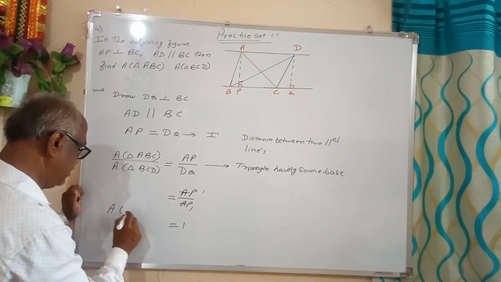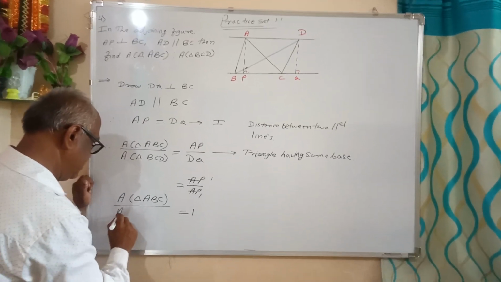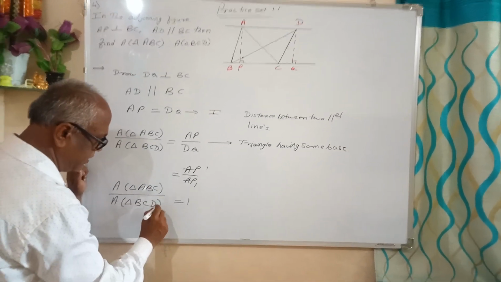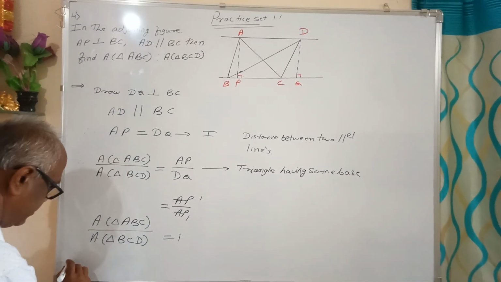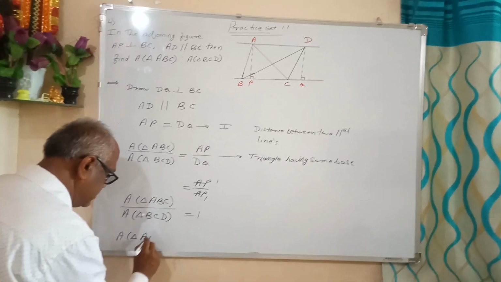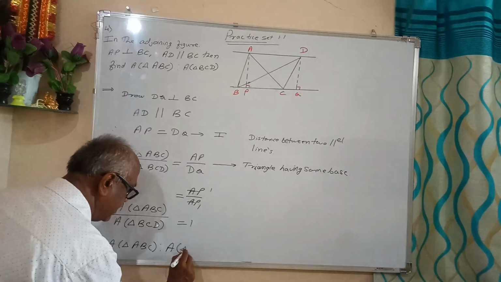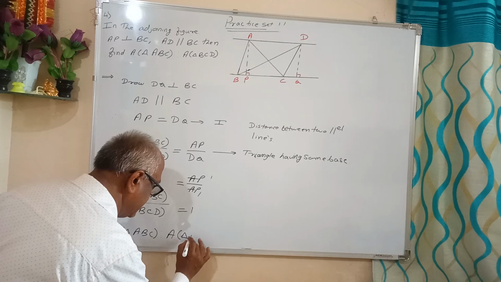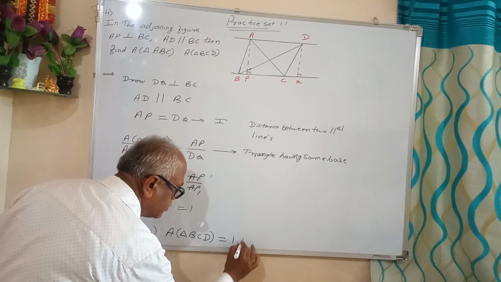That is, area of triangle ABC upon area of triangle BCD is equal to 1. Therefore area of triangle ABC is to area of triangle BCD is equal to 1:1.